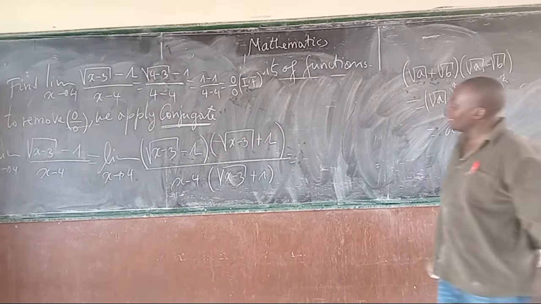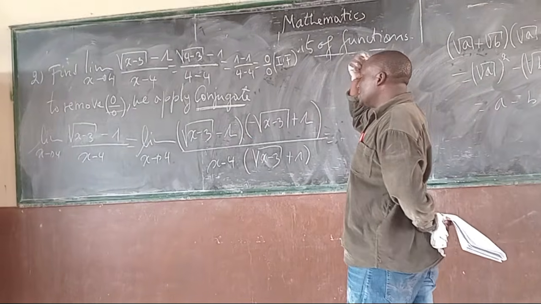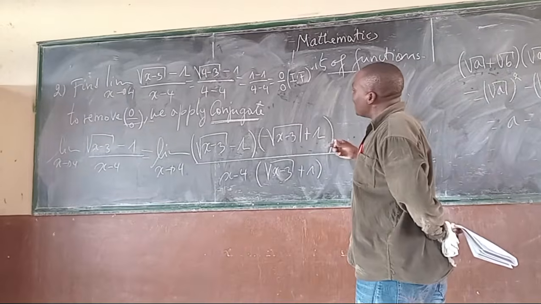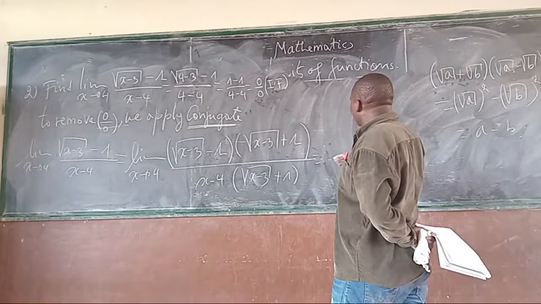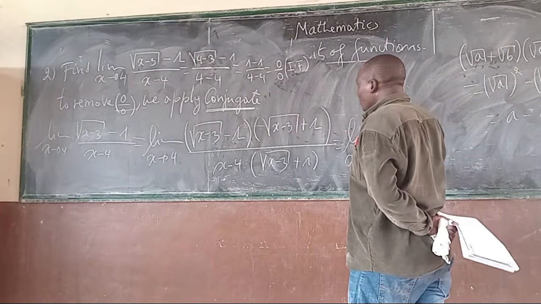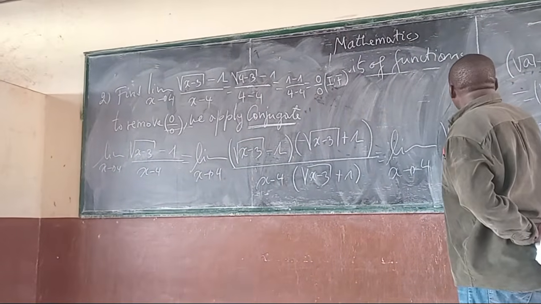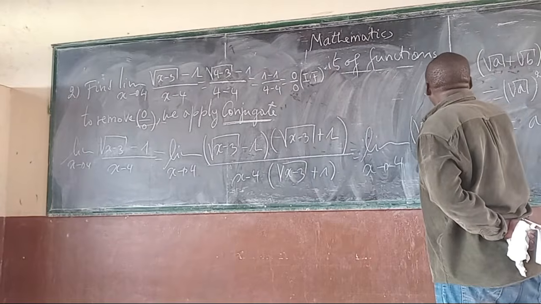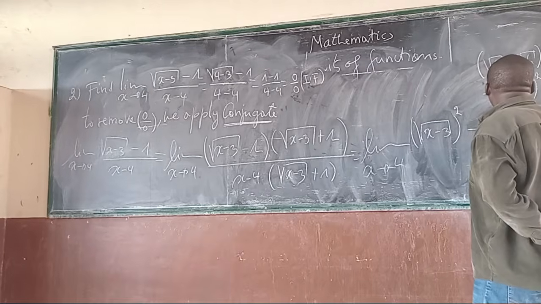This is why, to multiply this factor with its conjugate, in place of losing my time by multiplying everyone by everyone, I take this one. This must be equal to the limit where x approaches 4 of what? Of square root of x minus 3, this one squared alone, then minus 1 squared alone.